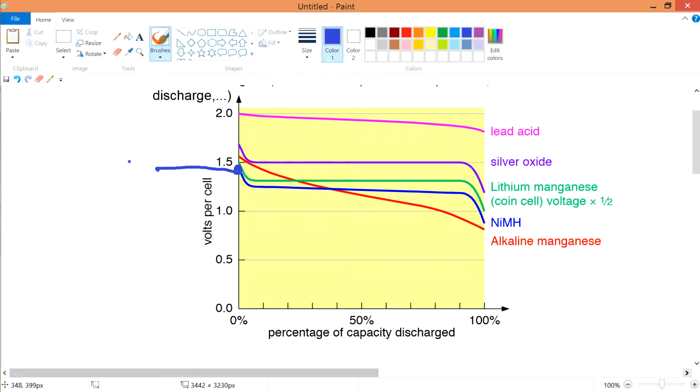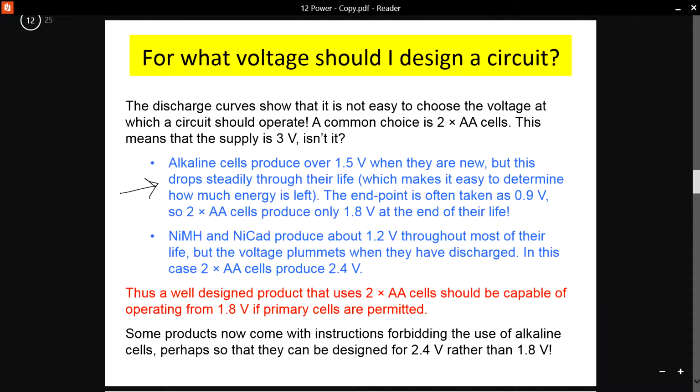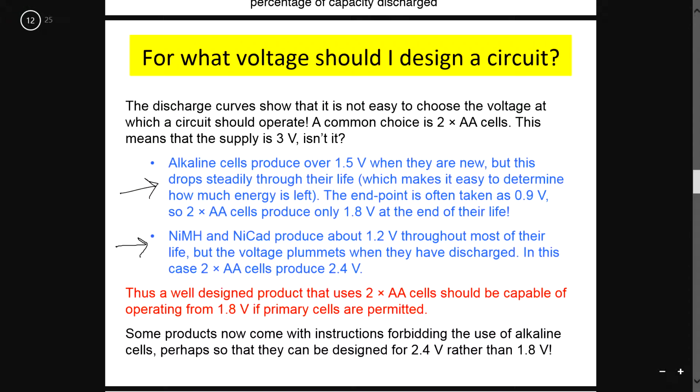At first its starting voltage is about 1.4 volt, and eventually its average voltage is about 1.2 volt. People call this the nominal, or sometimes the average. It's the same thing. The average, or most of the voltage coming out, is about 1.2 volt, which is what this particular paragraph tells you: for nickel, it provides about 1.2 volt. So 2 batteries give about 2.4 volt.